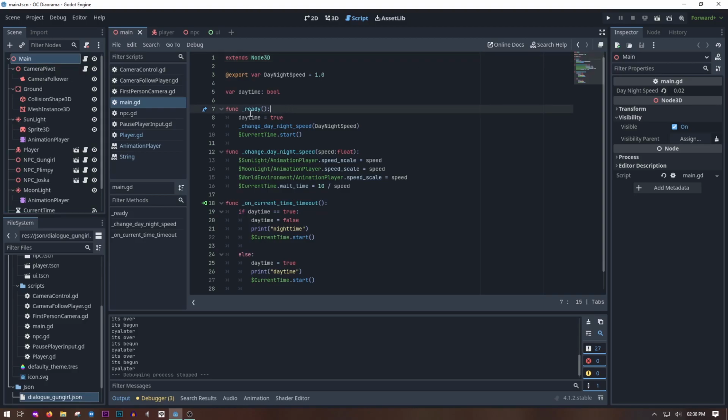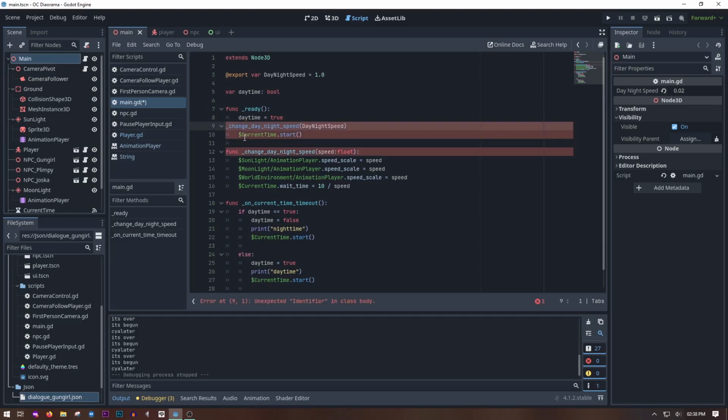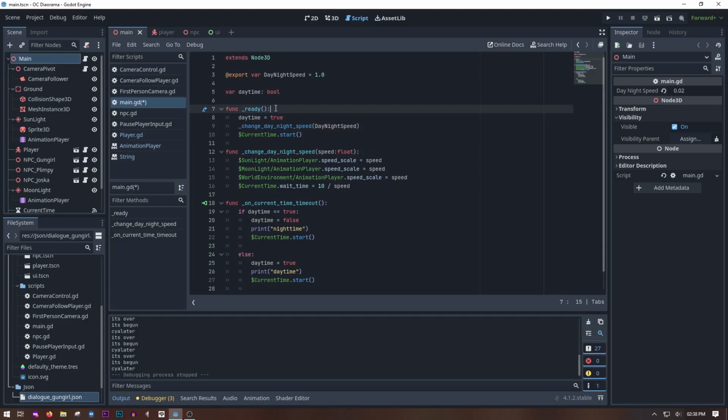If you've got a colon here, it has to be a tab over underneath it for it to be related. Otherwise, they're not related. And then it's like, huh? What do you mean? So on ready, when the thing is loaded, daytime is true, which is a bool I made. Change day-night speed.